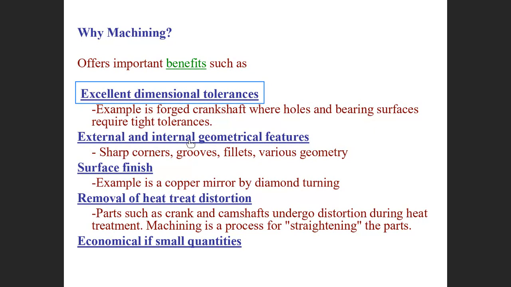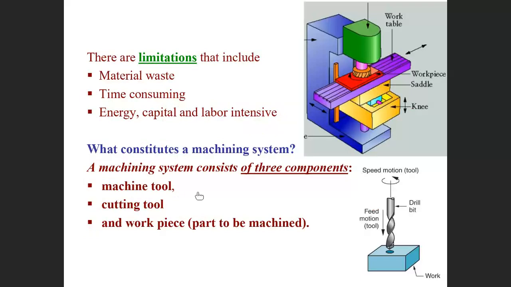Excellent surface finish can be done by machining. It removes heat treat distortion. Distortion means, as you can see in welding, material will be deformed somehow, so machining can remove all this distortion. It is also economic for small quantity. This is why machining is really important.